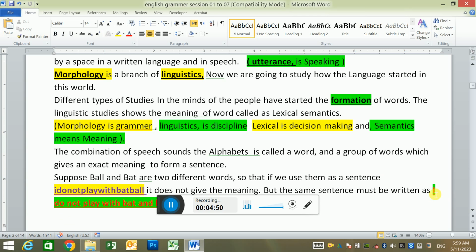We are separating these words from each other. In this way, we write separate words to form a sentence. We write it in this form: I do not play with bat and ball. In this form, we should write a sentence.